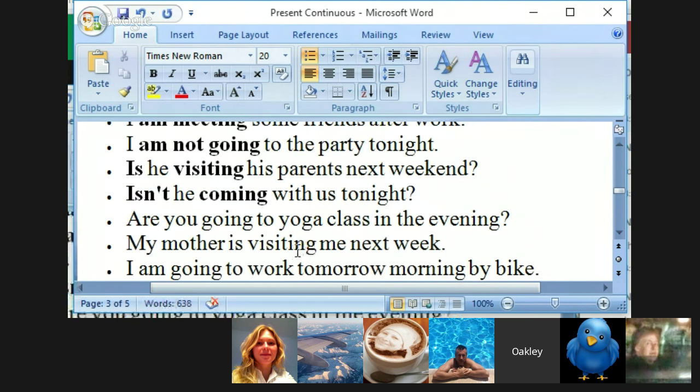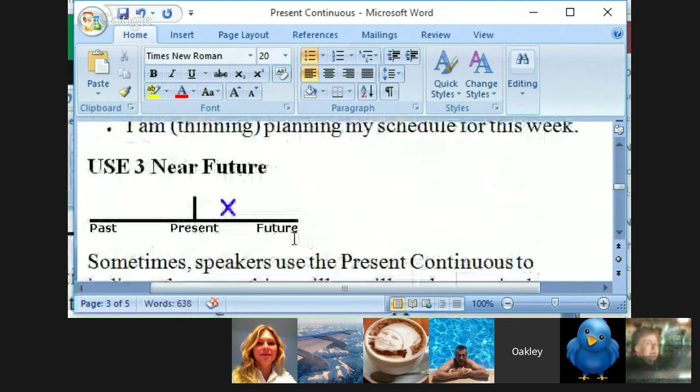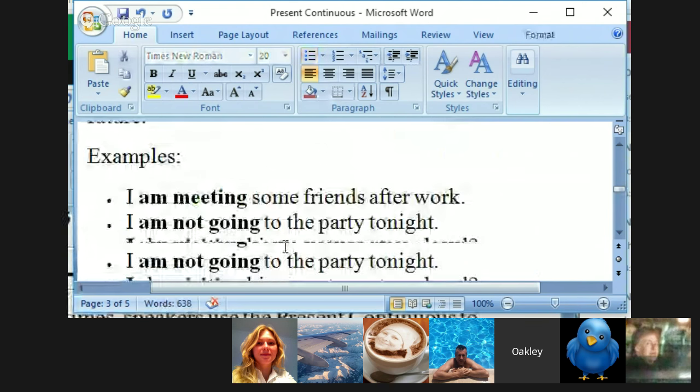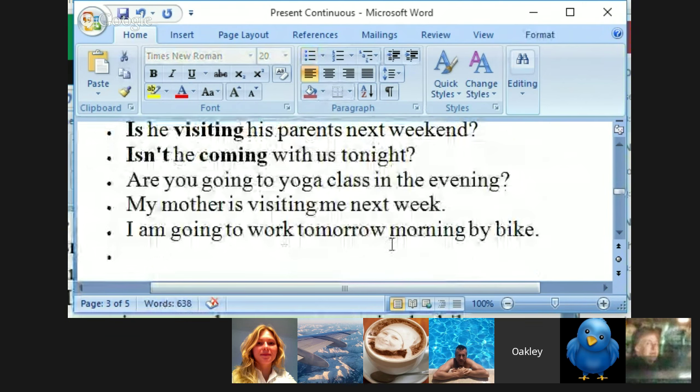Ileana, do you have a sentence example to show talking about using present continuous for the near future? Near future. Okay, I'm going to translate some articles.